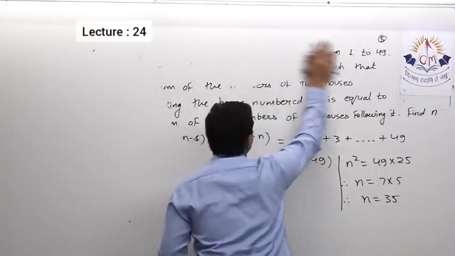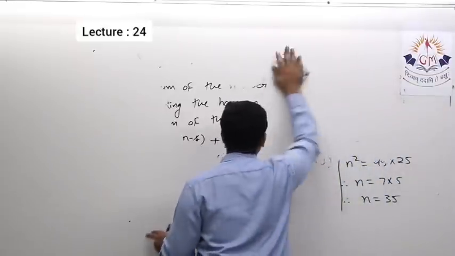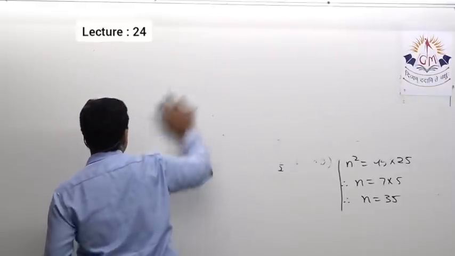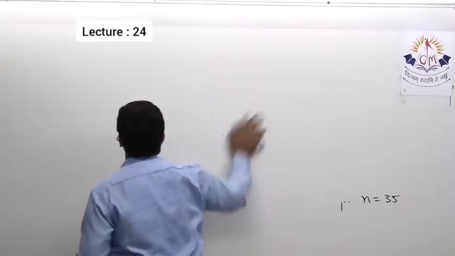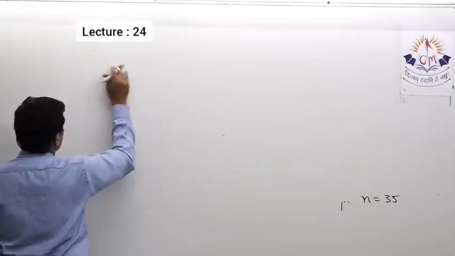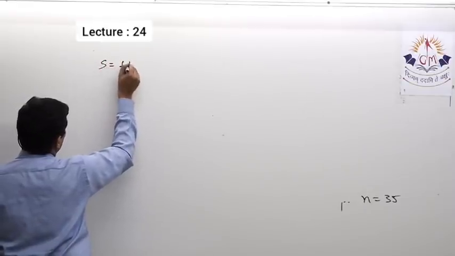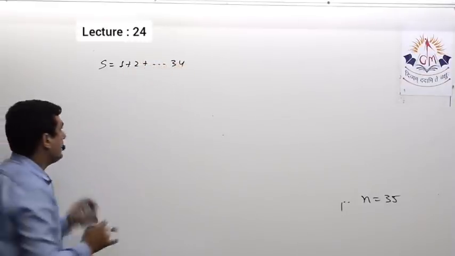Now we'll cross verify our answer. That means we'll check the sum of 1 to 34, and that should be equal to the sum of the numbers from 36 to 49. So we have to check. I'm saying this is S, 1 plus 2 up to 34. It is very easy to check.